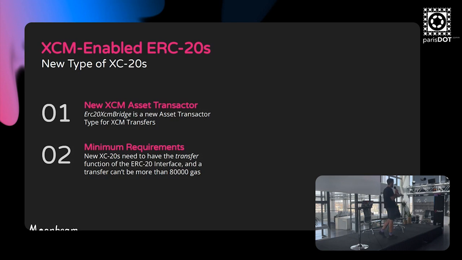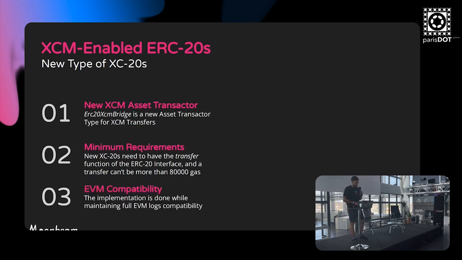So if you have a very custom implementation of transfer that transfers the tokens but does XYZ, and this requires more than 80,000 gas units, this is not for you. But these are hard-coded values that are mandatory so that your assets can be shipped via this new type of configuration.